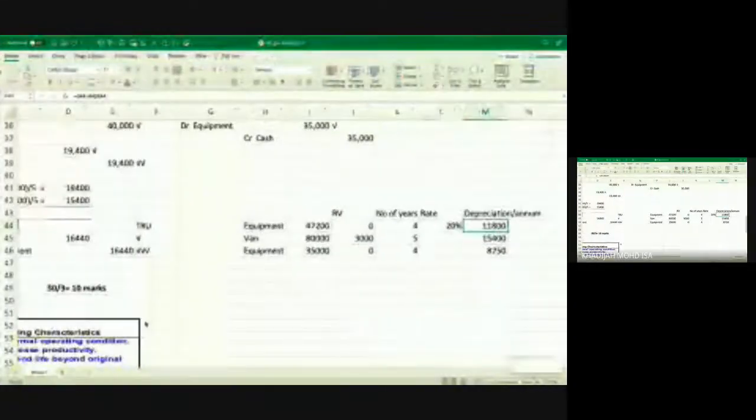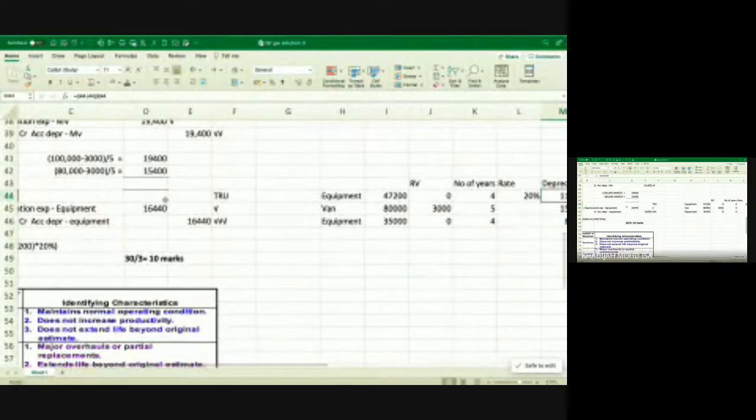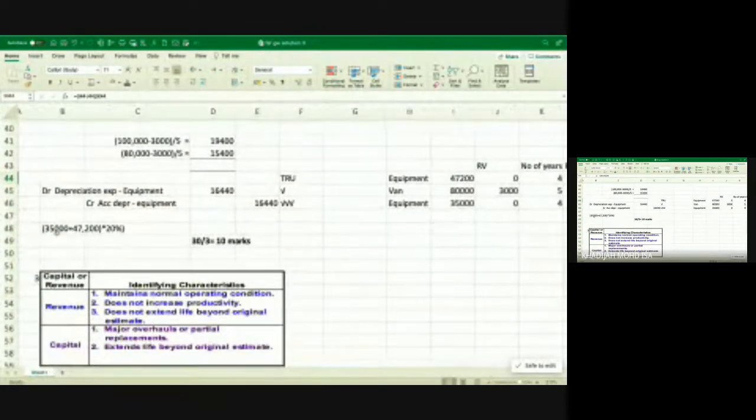So let's see how they do it. Equipment, they get it at 16,700. You have 35,000 plus 47,200 times 20%.